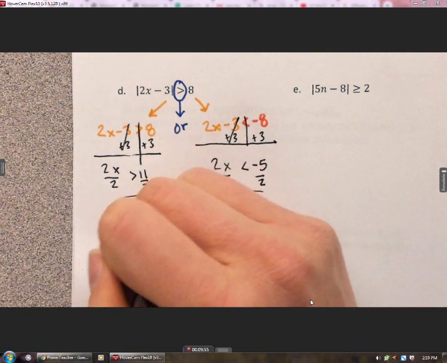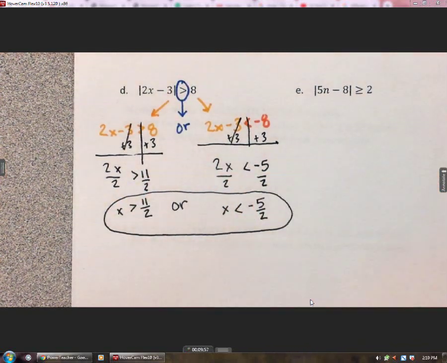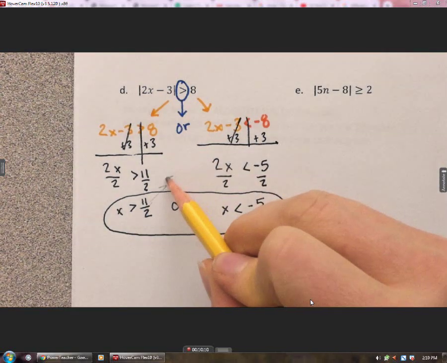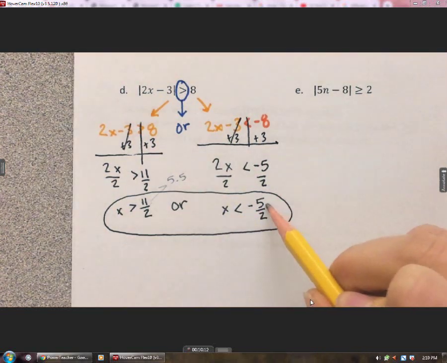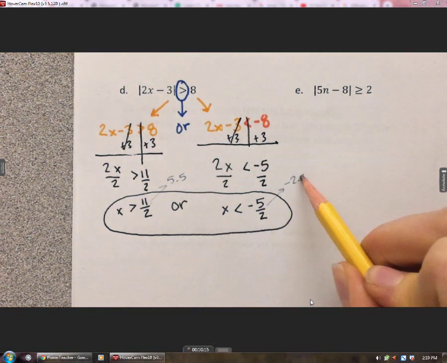This is an instance where decimals help us understand what's going on. Technically, I'd like to see some fractions, but if you converted it to a decimal so you know how to graph it, I'm okay with that. This as a decimal is 5.5. This as a decimal is negative 2.5.